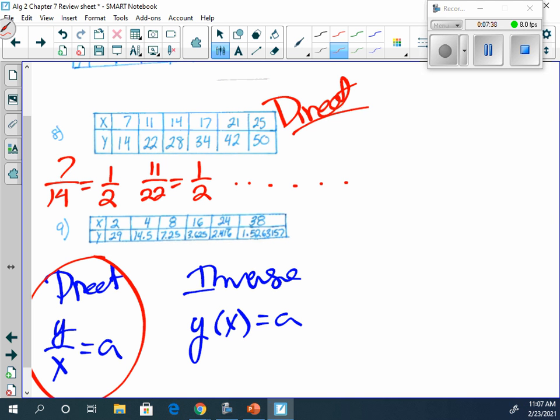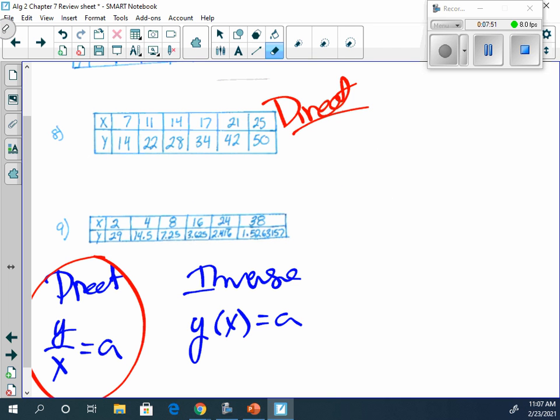So even though I did it the other direction, we still get the same number. That's what's key, is that we get the same value from each and every single one. This here would give us fractions. The other gave us whole numbers. So it doesn't matter which one we do. We need to plug the numbers in for x and y and see which one gives us the same values all the way across. So the first one was direct.